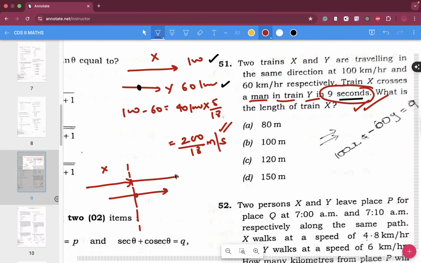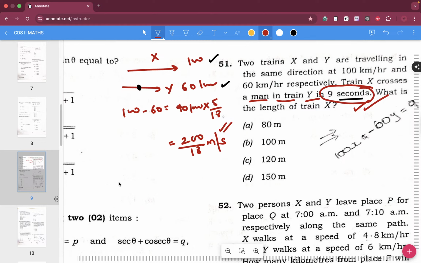When the tail of train X aligns with the man in train Y, we will say that the train has crossed the person. So we don't have to worry about the length of the train Y, and we can only find the length of the train X alone.